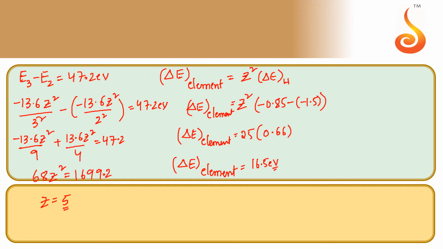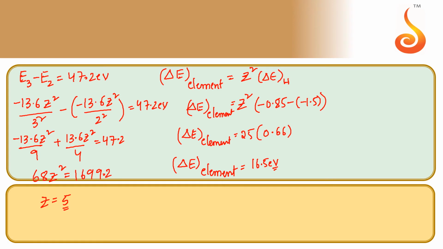So we have calculated the difference of energy when the electron is excited from the third orbit to the fourth orbit. And option C, we also need to calculate the wavelength of electromagnetic radiation to remove the electron from the first orbit to infinity. So we need to calculate the wavelength.